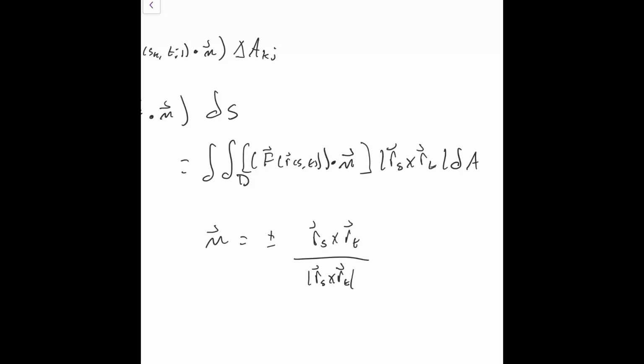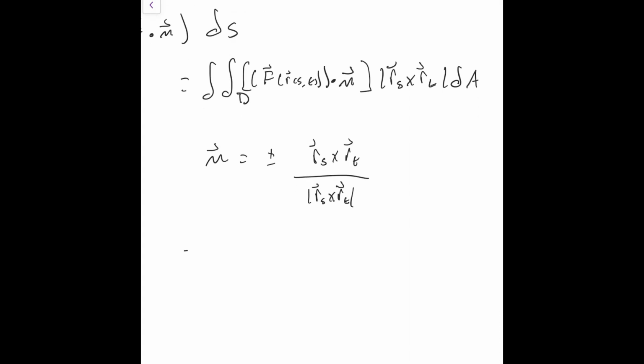So normal means it's perpendicular to the surface. That means it's parallel to rs cross rt. Unit means that it has magnitude 1, so we have to divide rs cross rt by its magnitude, and outward means it is pointing outward. Rs cross rt could either point outward or inward.